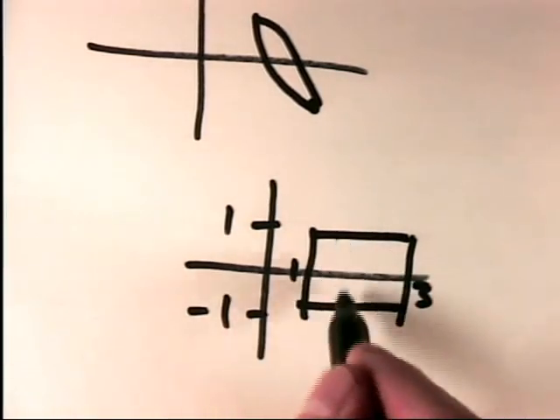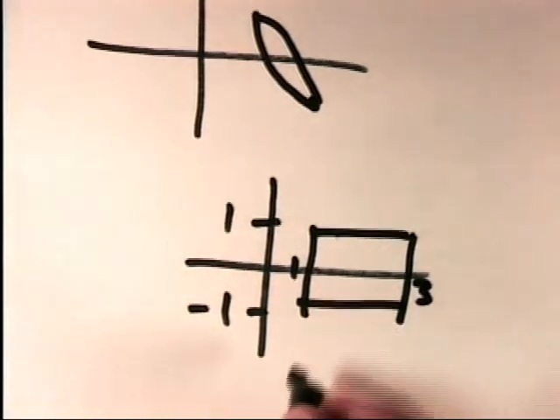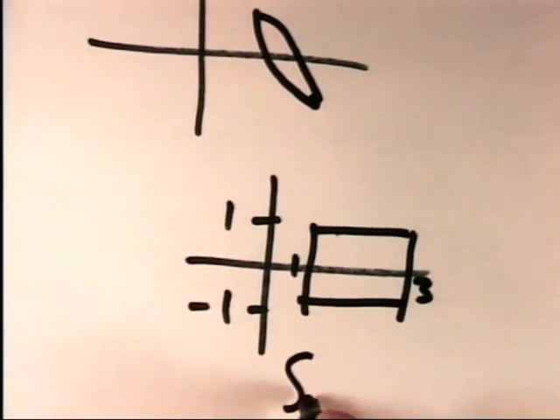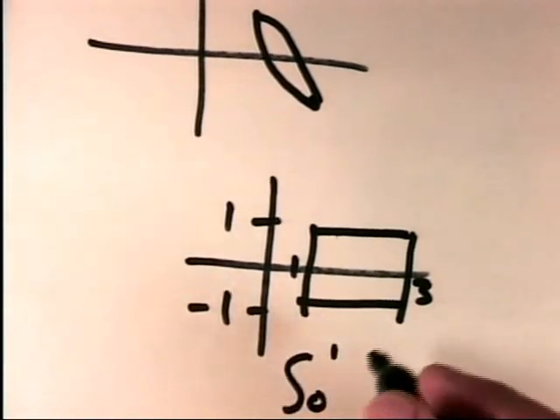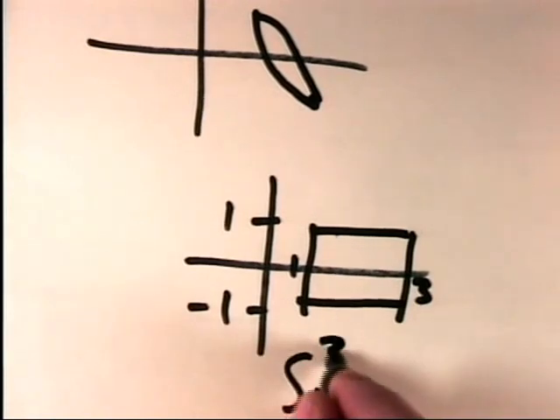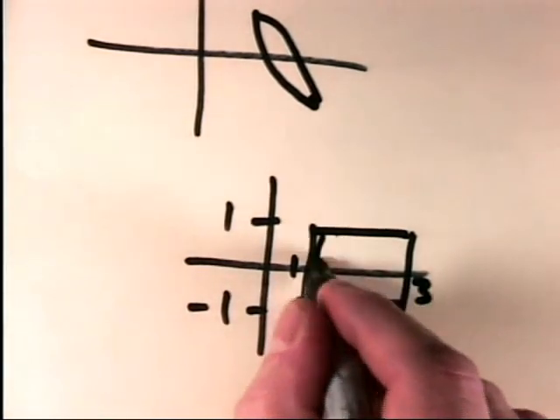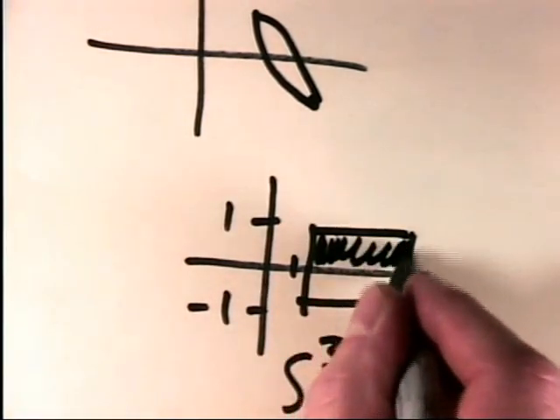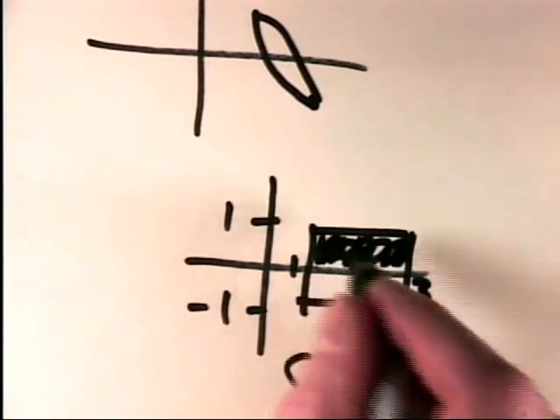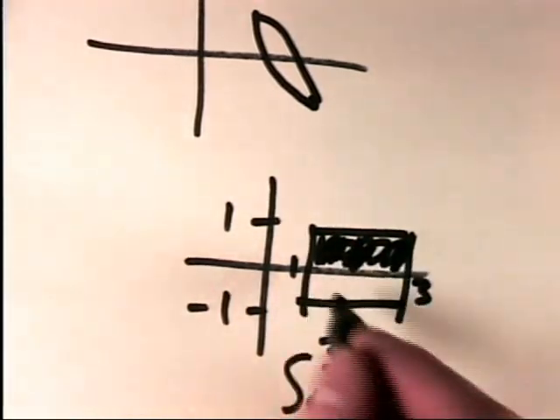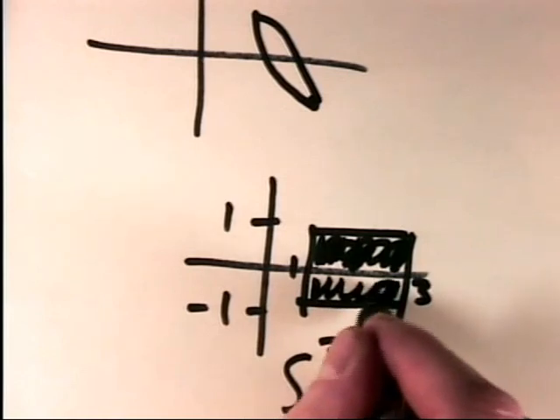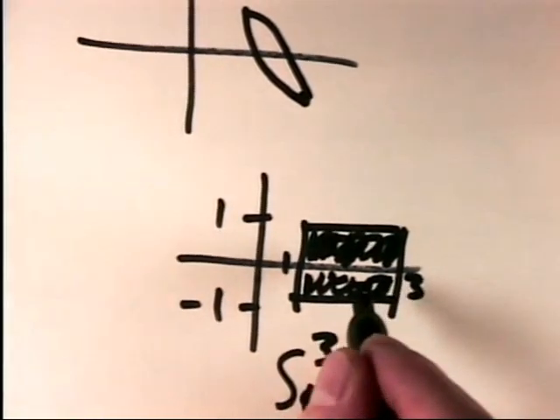If you take the area between 1 and 3 of this curve right here, all you're going to get is this top area. If you take the bottom one, it subtracts out the negative area, so it makes it a positive thing.